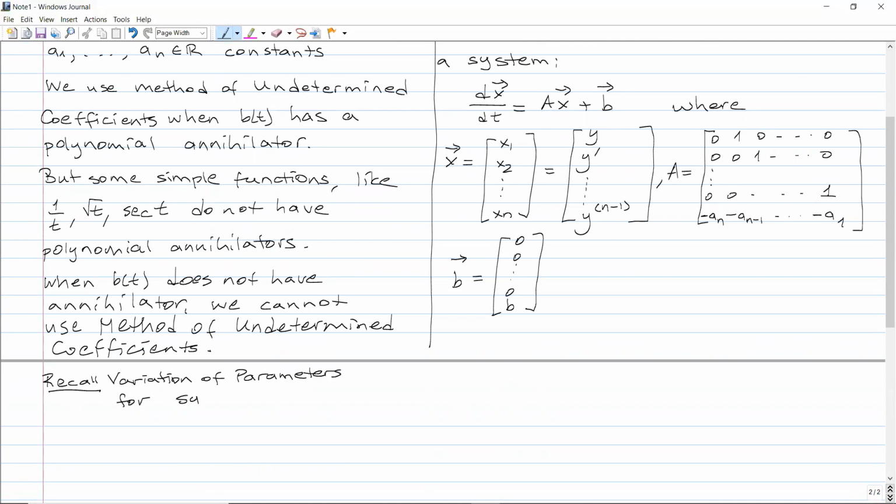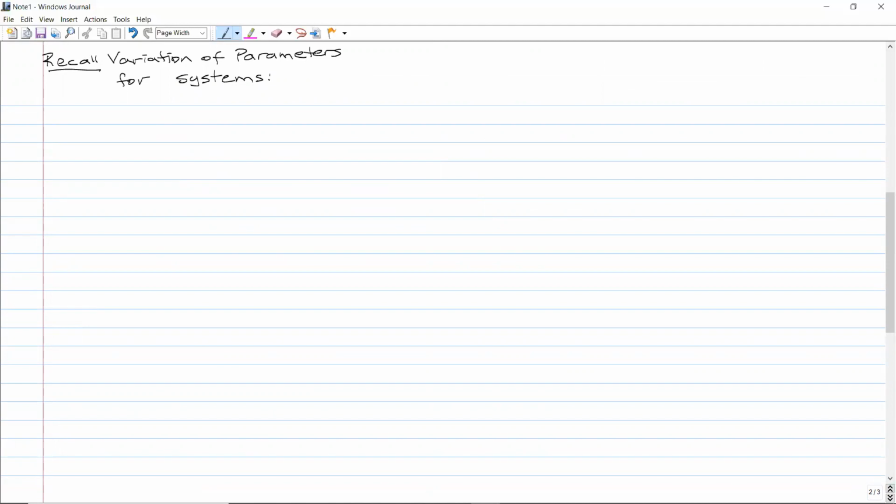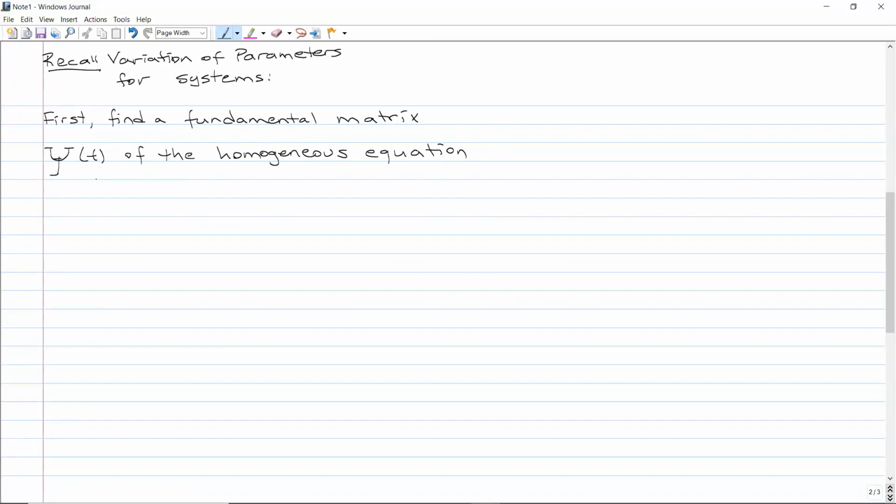First, we find a fundamental matrix Φ of the homogeneous system dx/dt equals Ax.